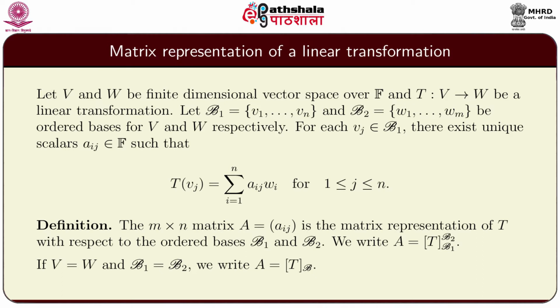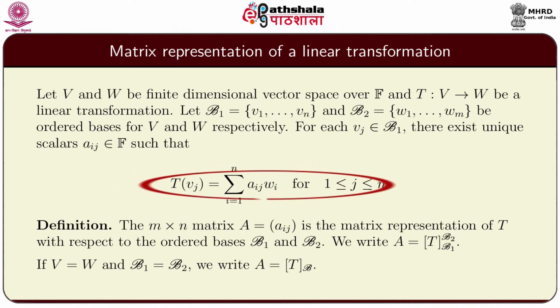Since T is a linear transformation from V to W, each T(vj), being a vector in W, can be expressed as a unique linear combination of the basis vectors w1 to wm.